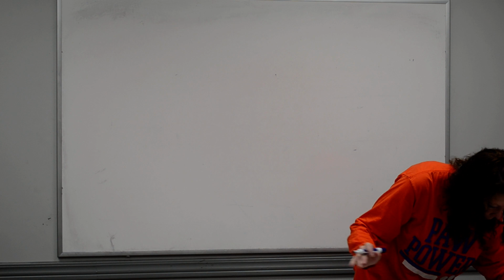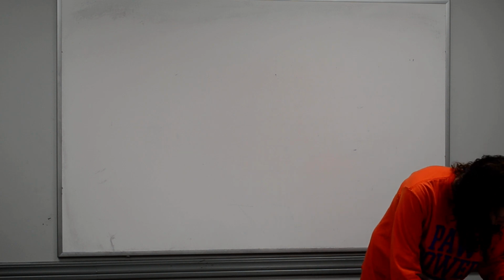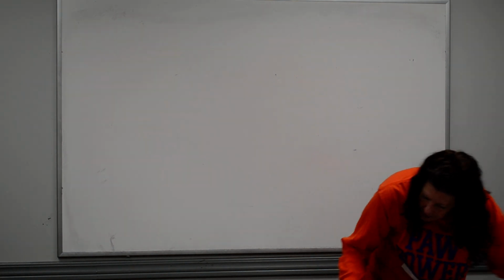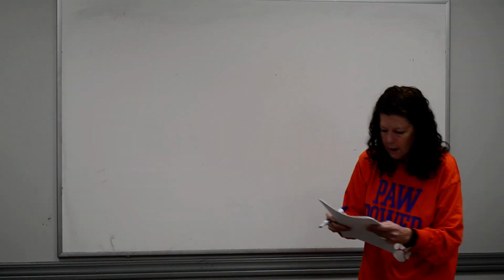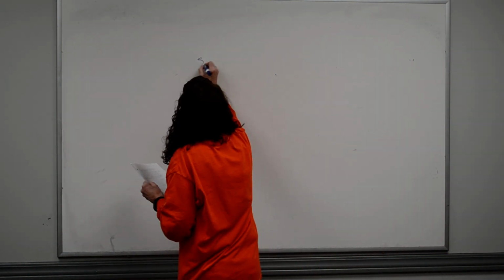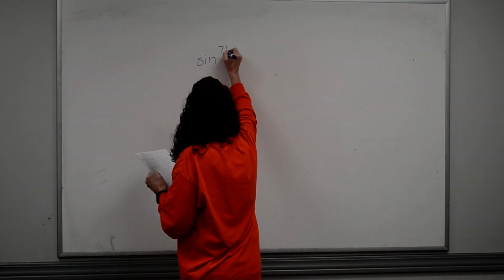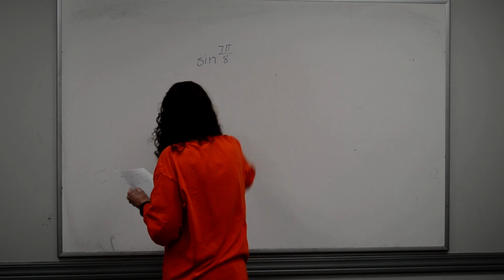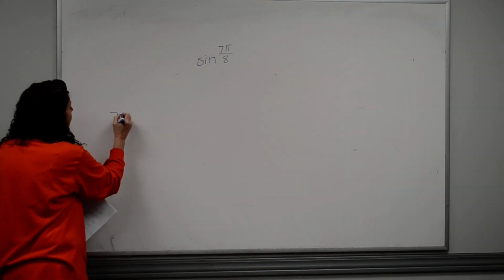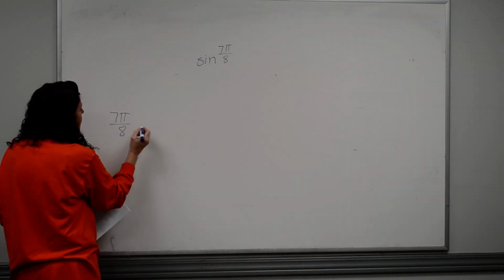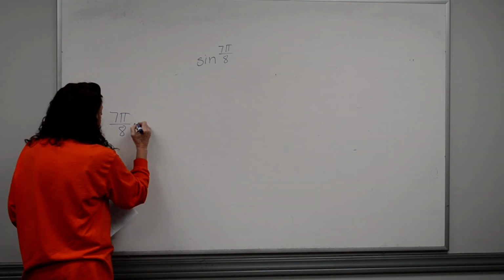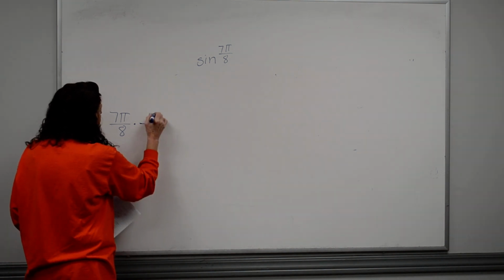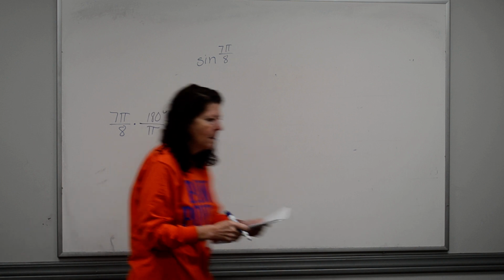So looking at number, let's see, the first one in that section that you would have looked at would be like 27. Okay, and again, I've got the sine of 7 pi over 8. I would convert that because we're better at thinking in degrees than what we are radians. So on the bottom you have pi, on the top you have 180.